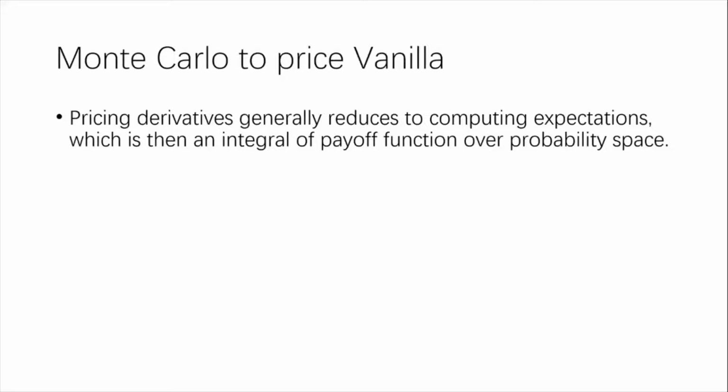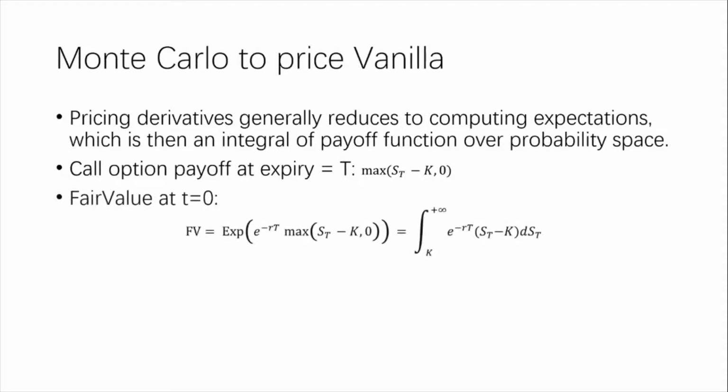Let's take a look at how Monte Carlo can be used to price vanilla options. Assuming we are pricing a vanilla call option, the final payoff at expiry t equals T is max(S - K, 0). So what is the fair value of the call option today, at t equals 0? Derivatives pricing theory tells us that the fair value of the option at t equals 0 is the discounted expected future value.